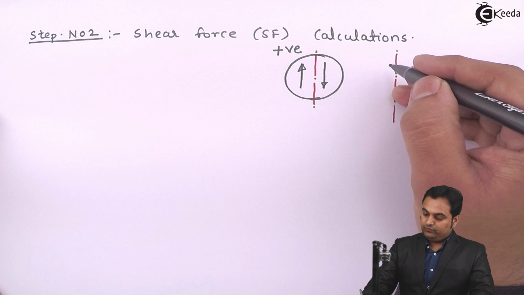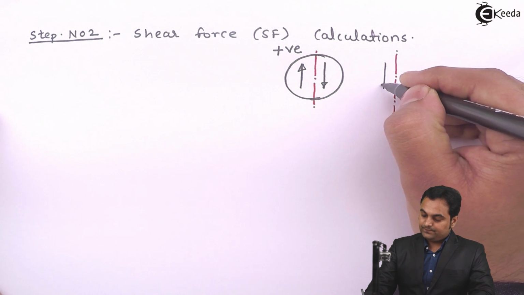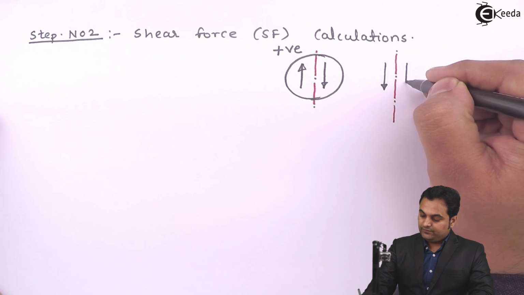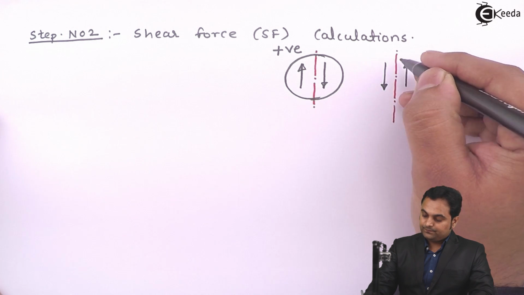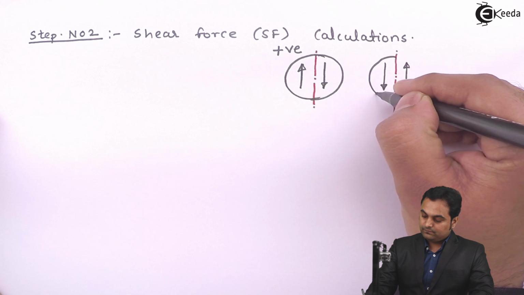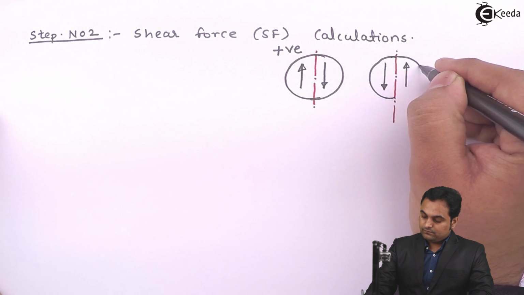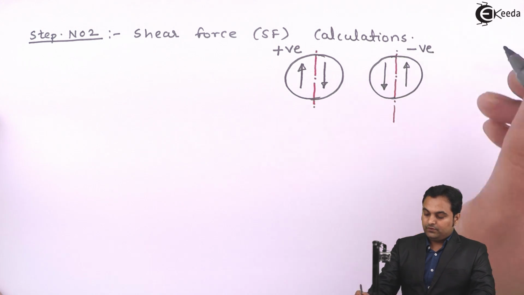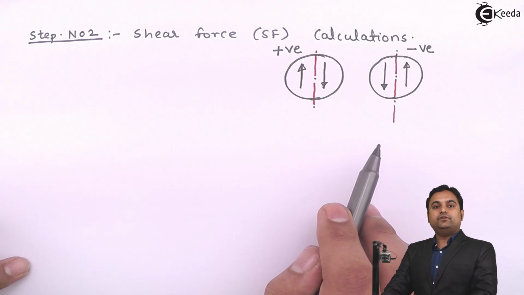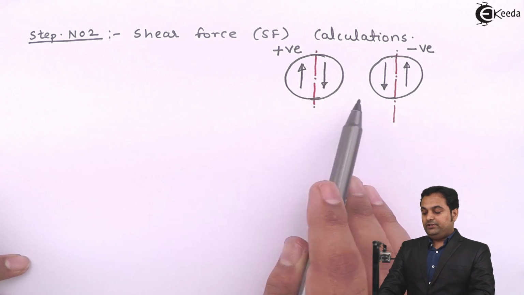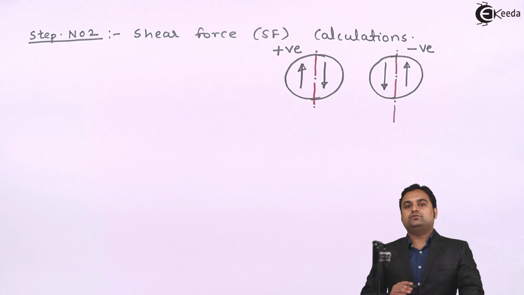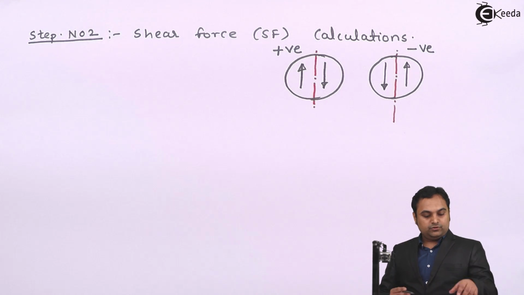Next, downward force to the left of the section, upward force to the right of the section, both are negative. So before going on for the SF calculations, we need to have these sign conventions, because without the sign convention we cannot solve any of the problems.